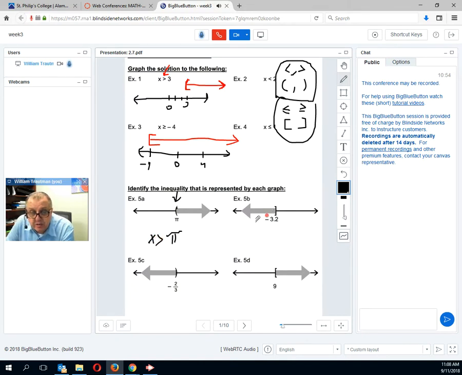That's exactly how I would write it. There's no equal sign. Let's do this one. All the number line is less than -3.2. It's going to the left. So x is less than -3.2. Not only less than, but since it has a bracket, you have to write less than or equal to. So this is how you would write that.